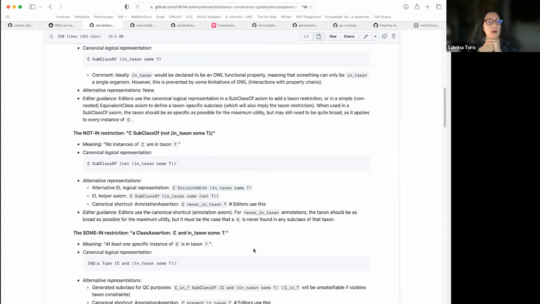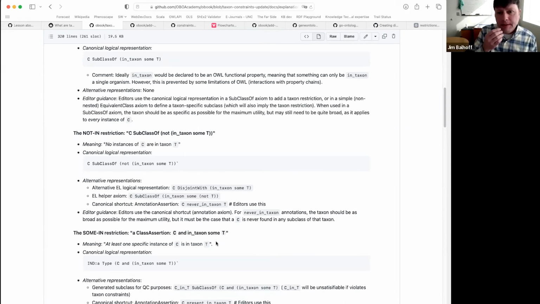Let's say in Mondo, I want to create a class that is diseases in dogs. I could add some taxon constraints saying that all the diseases classified under this class are present in dogs. We can go as deep as only in dogs, or only in dogs and in some dogs, but let's not go there for now.